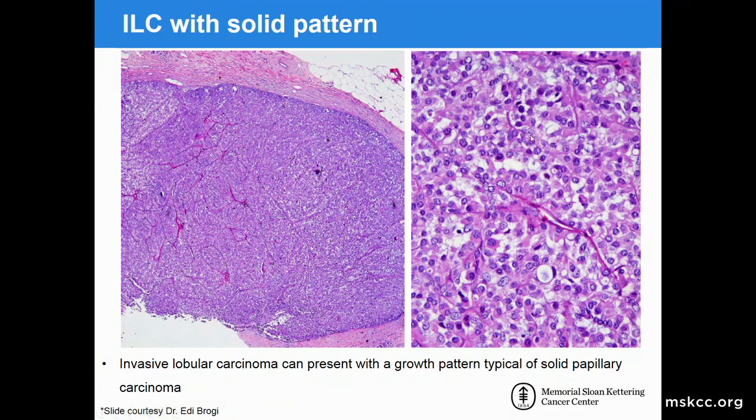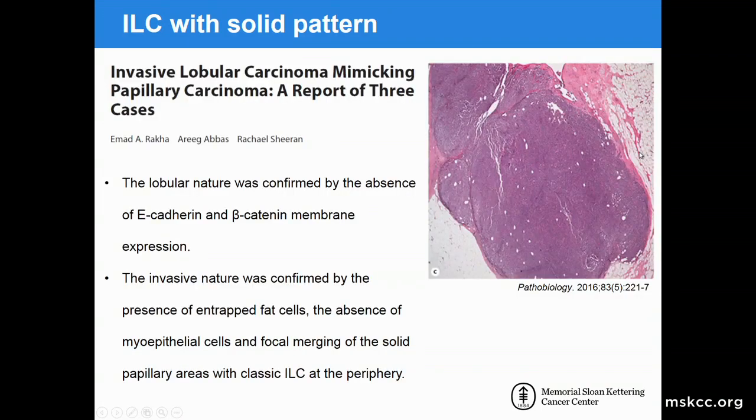On higher power, however, these cells show cytology that is more typical of lobular carcinoma, with areas that show these intracytoplasmic vacuoles. And this is a report of 3 cases where invasive lobular carcinoma mimicking a papillary carcinoma was identified. The lobular nature of these cases was confirmed by the absence of E-cadherin and beta-catenin membrane expression.